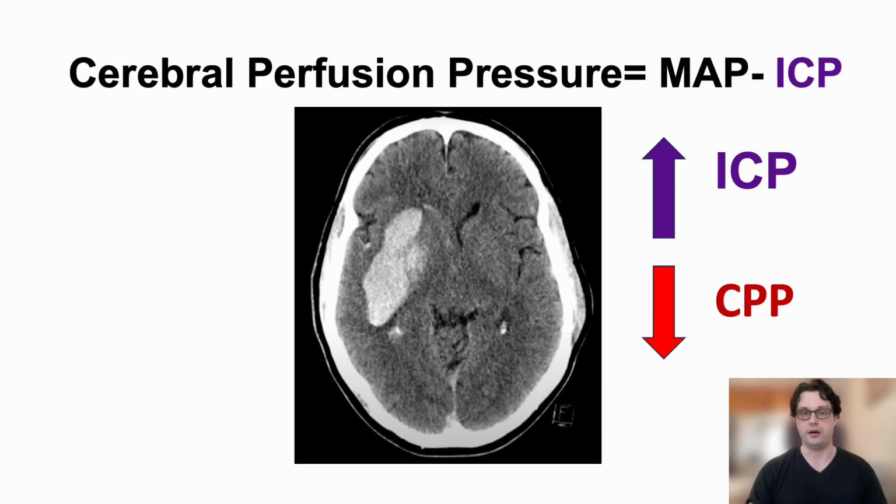So therefore, coming back to this formula, if we have increased intracranial pressure, by deduction, we know that we're going to actually have decreased cerebral perfusion pressure. And that is actually dangerous because more tissue can potentially die.